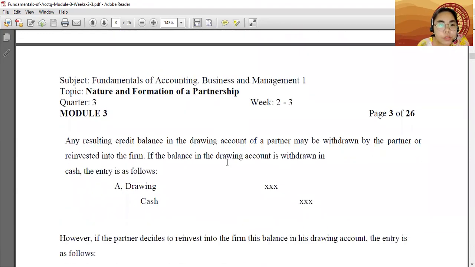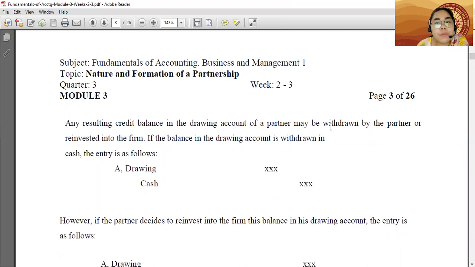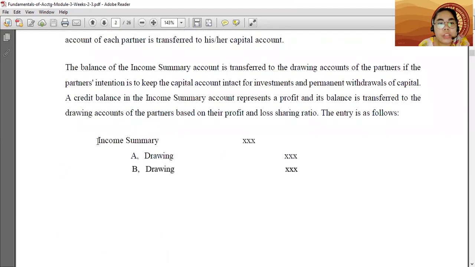partners. So any resulting credit balance in the drawing account of a partner may be withdrawn by a partner or reinvested into the firm. So if the balance in the drawing account is withdrawn in cash, the entry is as follows. So as we have here, there is income, class. Usually drawing accounts have debit balances. So if it is a debit balance, the credit will decrease the drawing accounts.